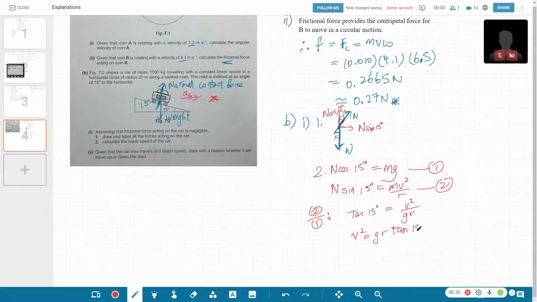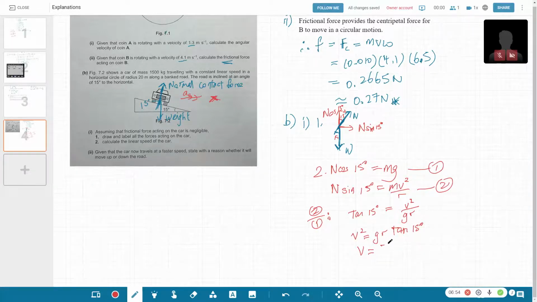g is 9.81. r is given to you as 20 meters. So 9.81 times 20 times tangent 15. I'll just square root directly. You can just find it with your calculator.